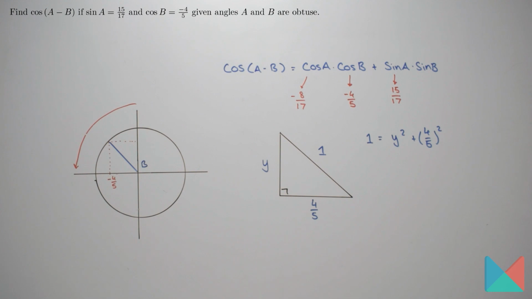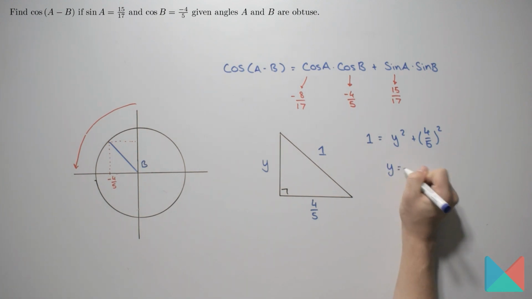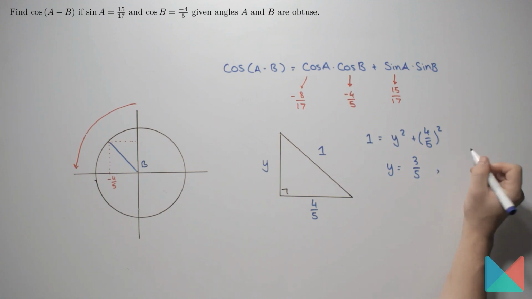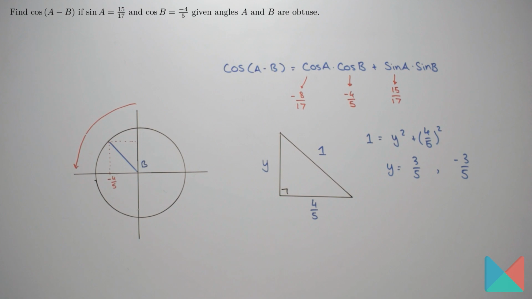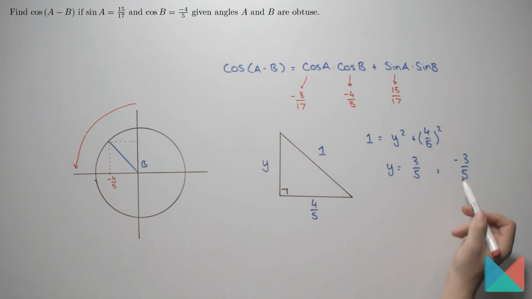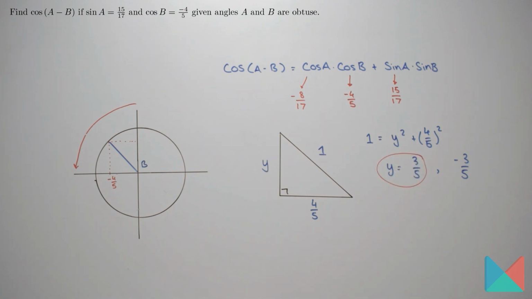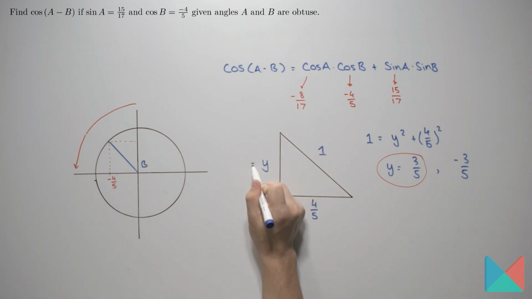One solution being y is equal to 3/5, and our other solution will be -3/5. And remember, because we're dealing with distances, we can't have a negative distance, so we're going to disregard our negative solution, and so our solution for y will be 3/5. And so our height here we have found to be this value.